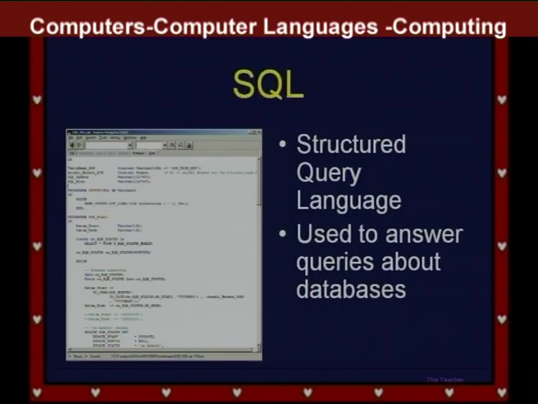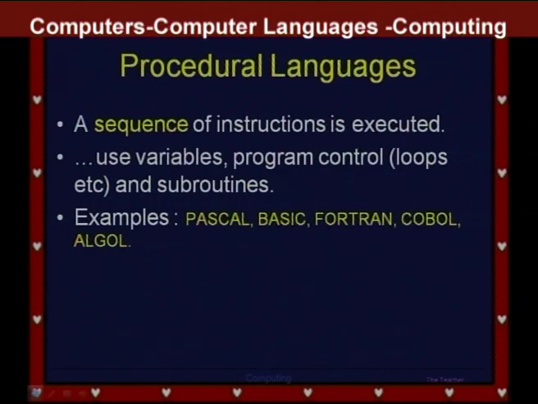There is a list of languages, but at the end of the day, all languages will convert into machine code, that is zeros and ones. So again, there is a translator. As I said, there is an interpreter and a compiler, which translate all these application relevant languages to machine language, because the machine can understand only zeros and ones. So these are the list of languages.